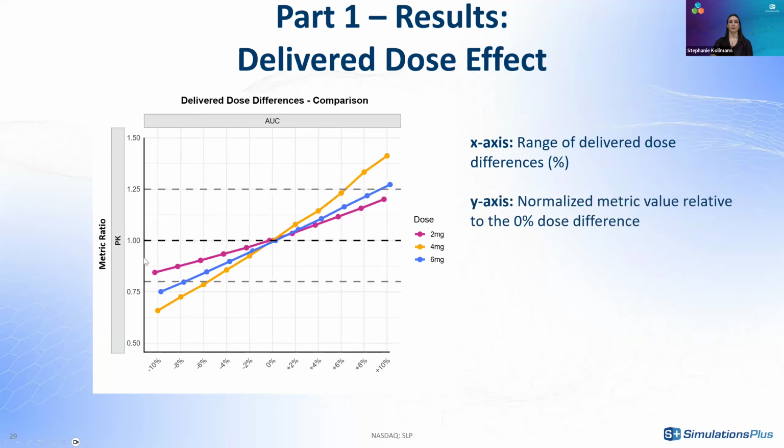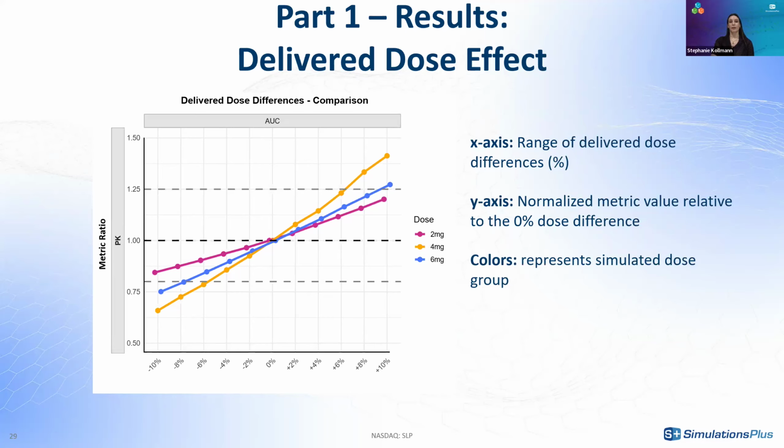On the y-axis, we see the normalized AUC values, meaning the AUC at each dose difference divided by the AUC at the reference, corresponding to 0% difference.